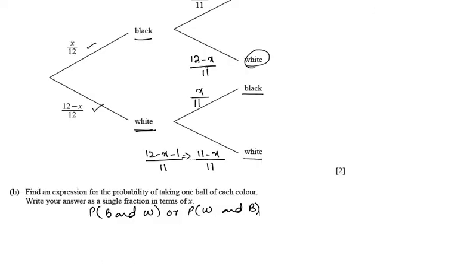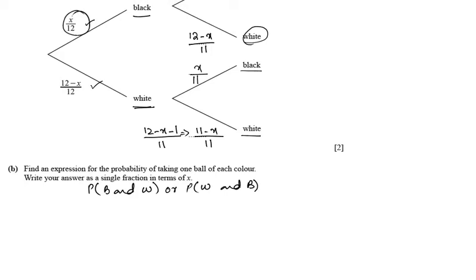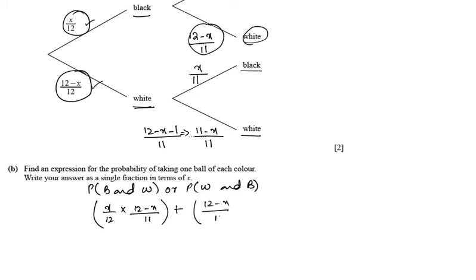Now when we write the probabilities, the first black is X upon 12 multiplied by, for the second white, 12 minus X upon 11, or, which means add, for the first white 12 minus X upon 12 multiplied by, for the second black, X upon 11.